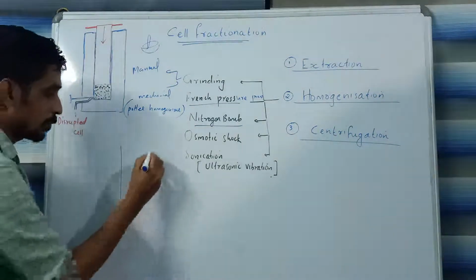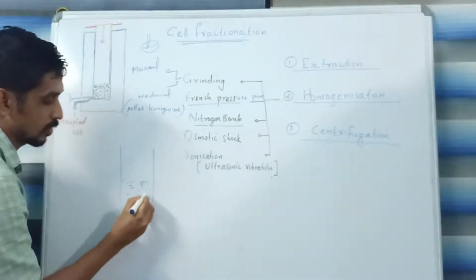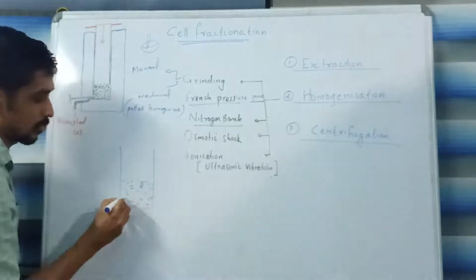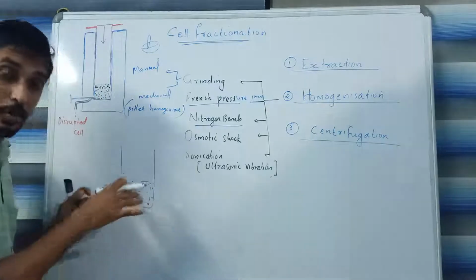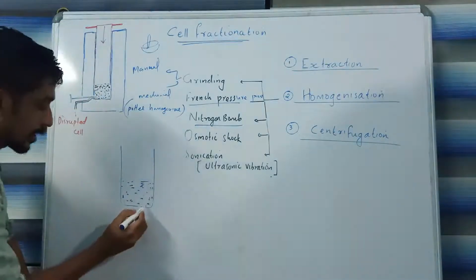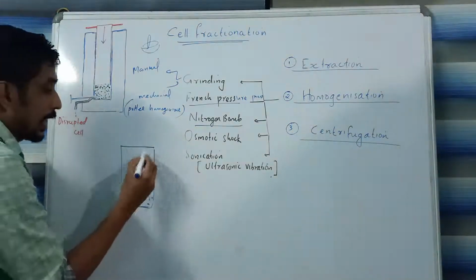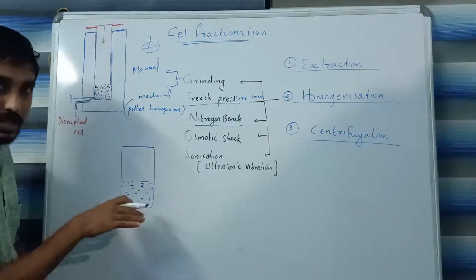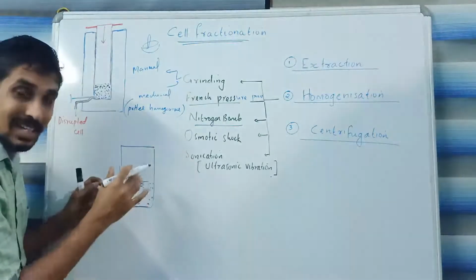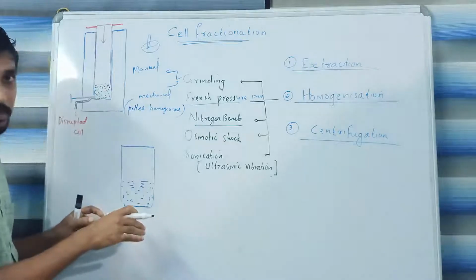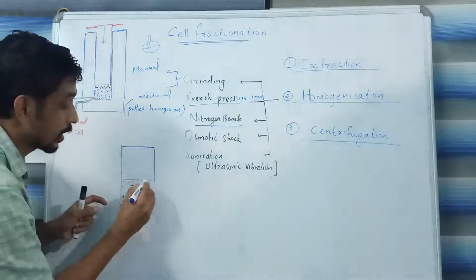In this mechanism, we are keeping the cells, whose cell wall and cell membrane are to be disrupted, in a closed vessel. The main feature of that closed vessel is that it contains a solution with oxygen free nitrogen present along with the cells.